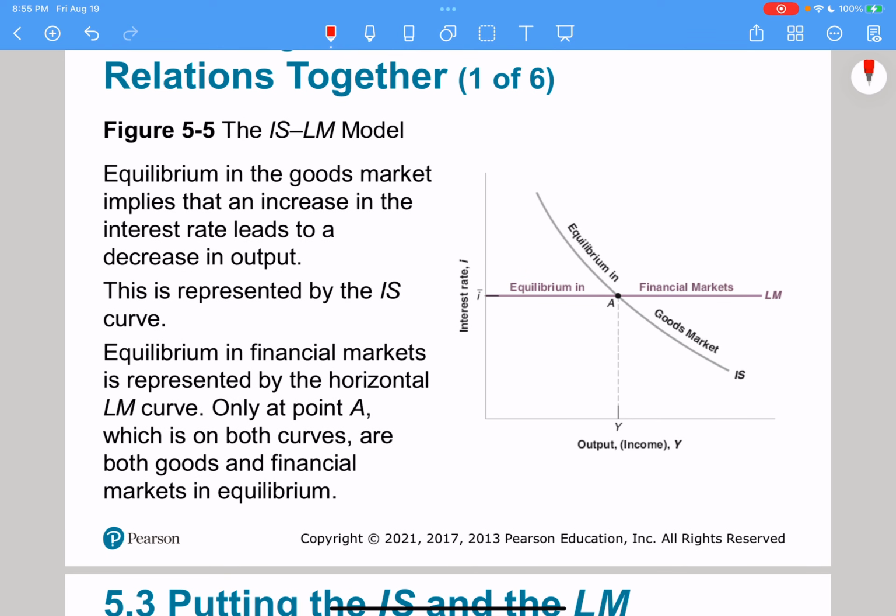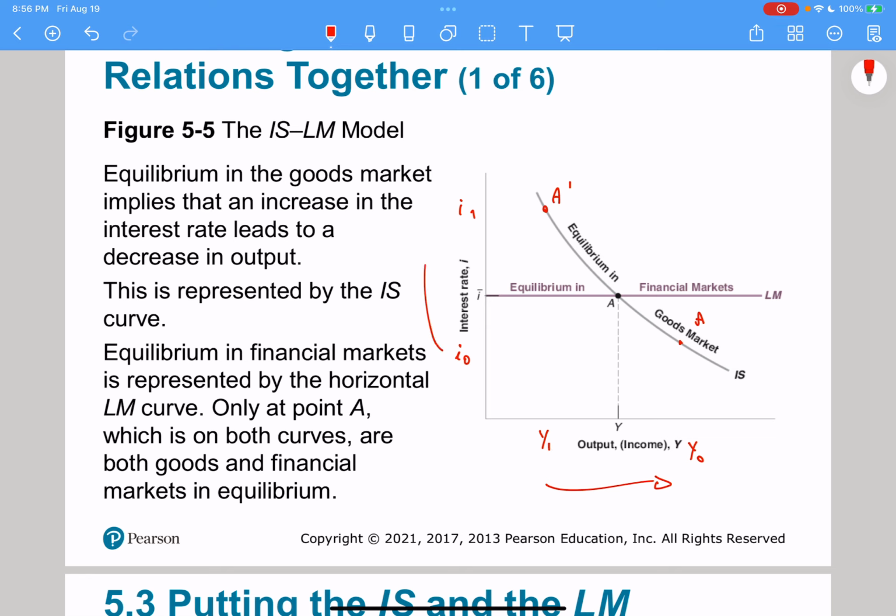What's said here is the following. Equilibrium in the goods market implies that an increase in the interest rate leads to a decrease in the output. As we know from A to A prime, we have i0 and i1, and here Y0, Y1. So an increase in the interest rate represents a decrease of the output. Let's put 0 here and 1 here. Let's start with the lower, and this is going to be A prime.